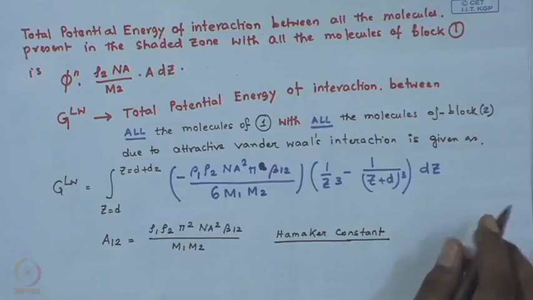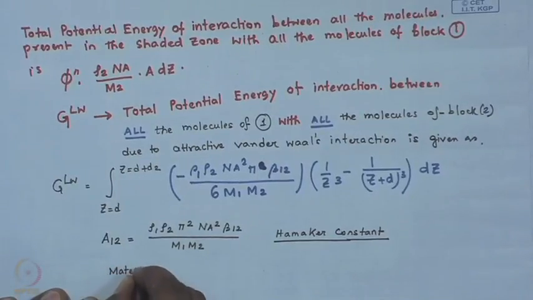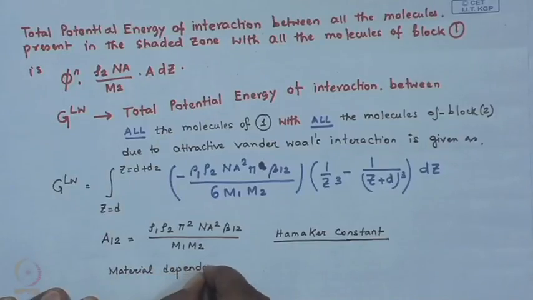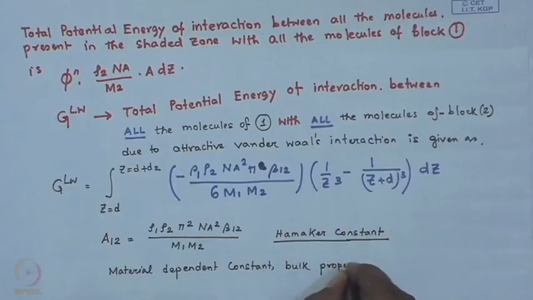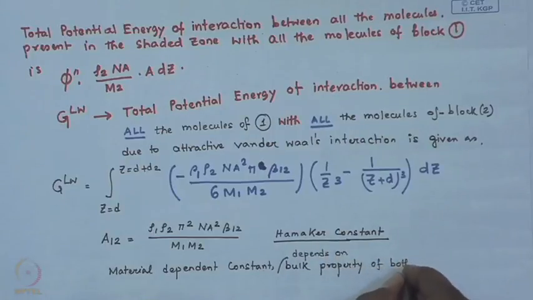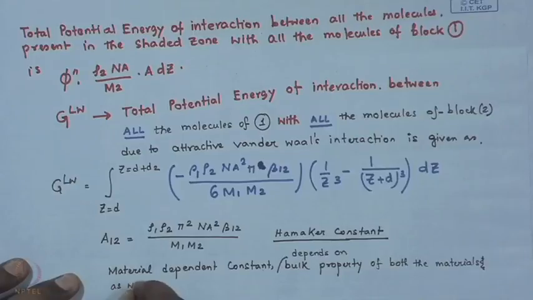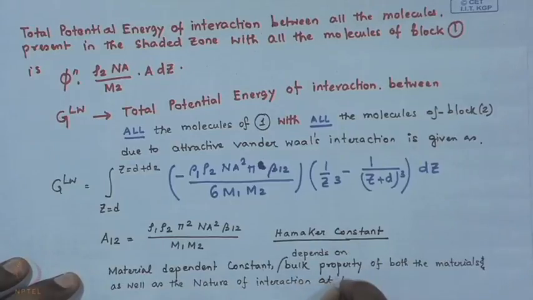So, this is a material dependent constant, a property which depends on bulk properties of both the materials as well as the nature of interaction at the molecular level.